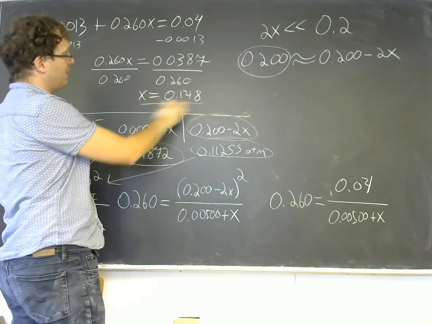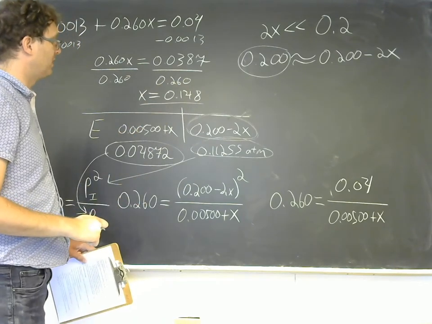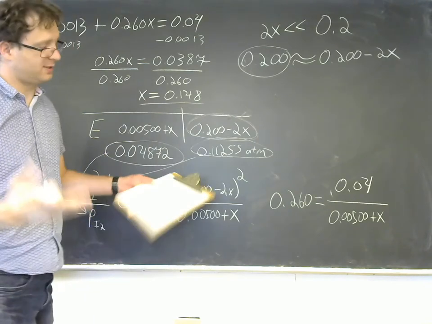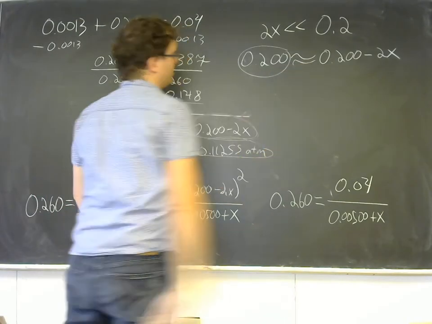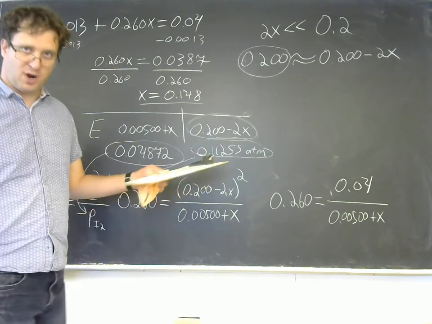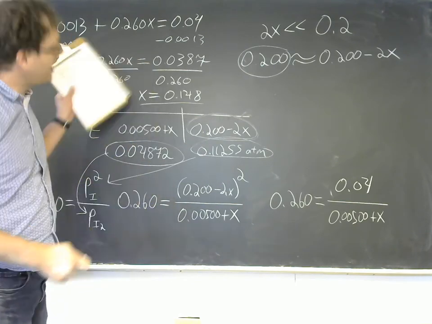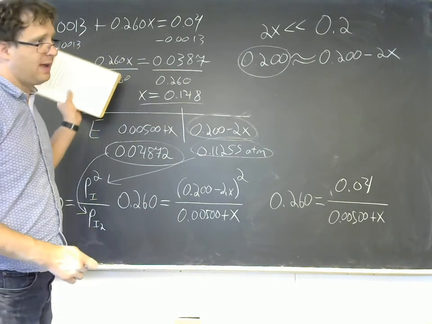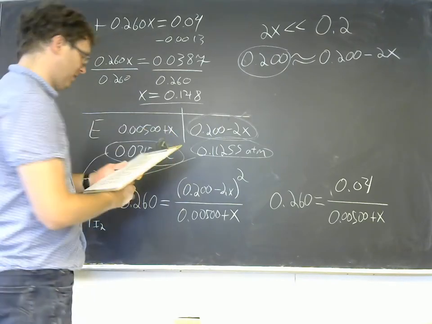That assumption has led to a logically inconsistent result. And so this substitution was not justified and a bad idea. And the whole point of this problem is to show that sometimes you cannot simplify the equation at all, and you have to bite the bullet and do the quadratic formula like I've done.